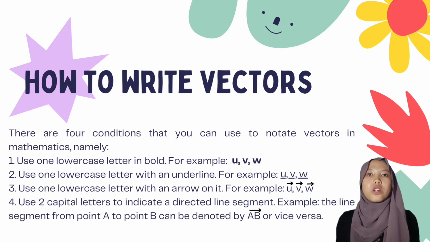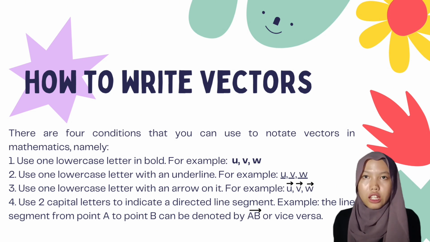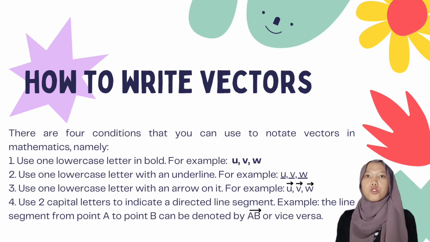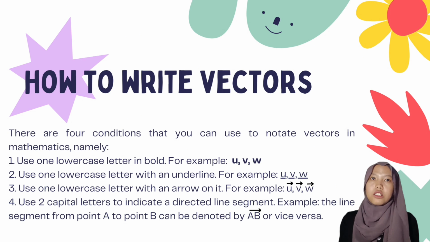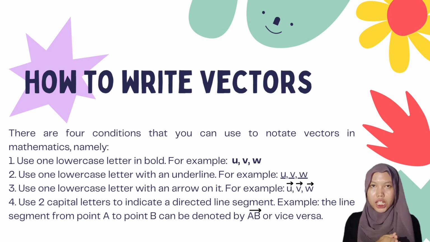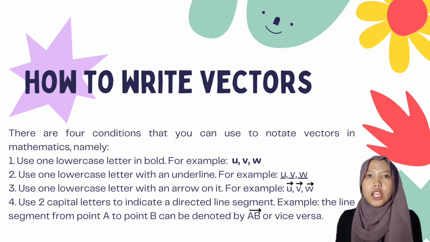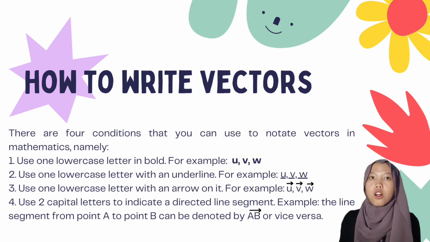Third, use one lowercase letter with an arrow on it. And the last, use two capital letters to indicate a directed line segment. For example, the line segment from point A to point B can be denoted by AB with a directed line segment, or vice versa.